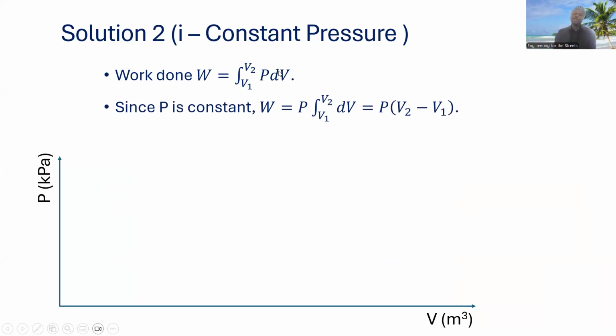And since P is constant, by the law of integration, P comes out of the bracket, so it becomes W equals P integral dV. And integral dV from V1 to V2 is simply V2 minus V1. So work is the product of the constant pressure and the change in volume.